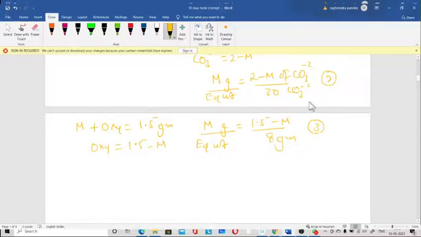In equation 2 there is one variable m and another variable equivalent weight. In equation 3 there is again the same variable m and equivalent weight. So when you solve both equation 2 and 3, the equivalent weight will come as 58.